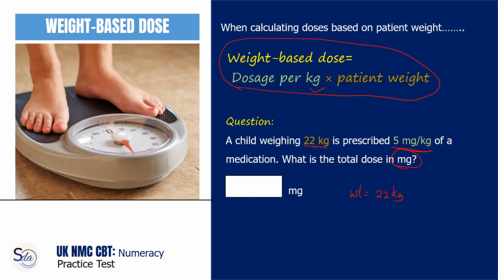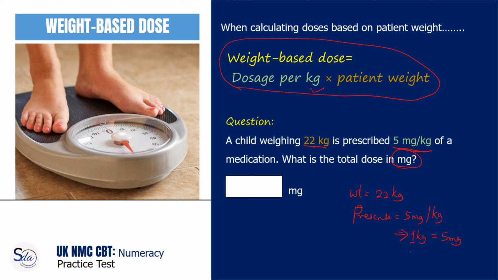So let's say the prescribed dose is 5 milligram per kg. In actual sense, for every patient that weighs 1 kilogram should be given 5 milligram of that medication.